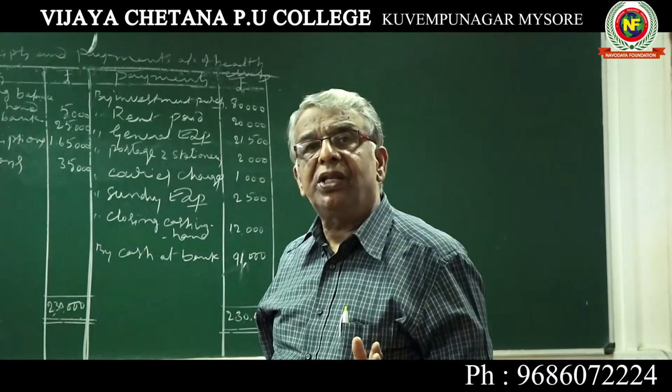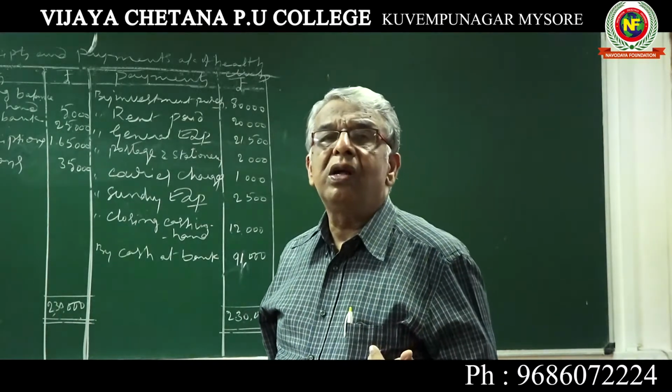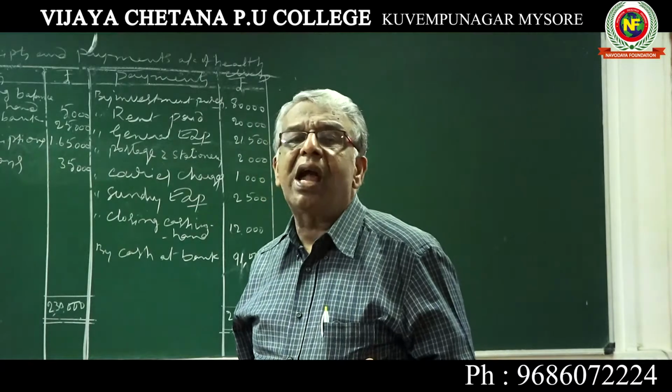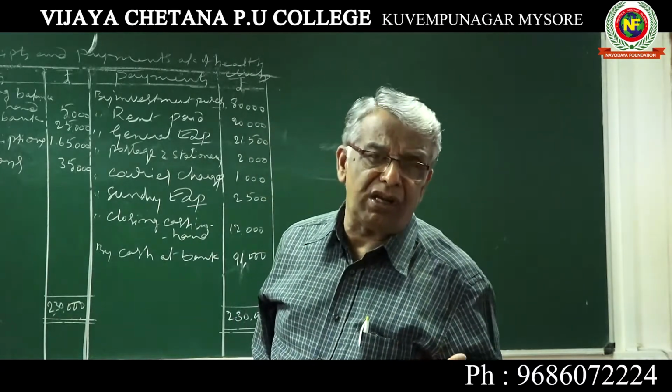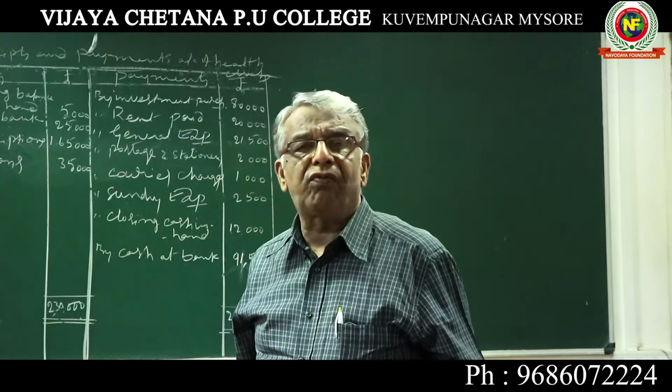In the income and expenditure account, we are going to take into account other adjustments, that is non-cash items such as depreciation if any, and then bad debts and reserve for bad and doubtful debts.